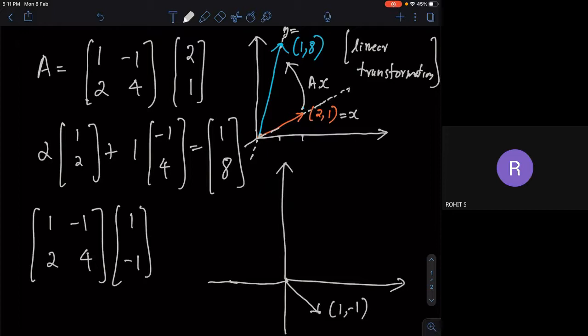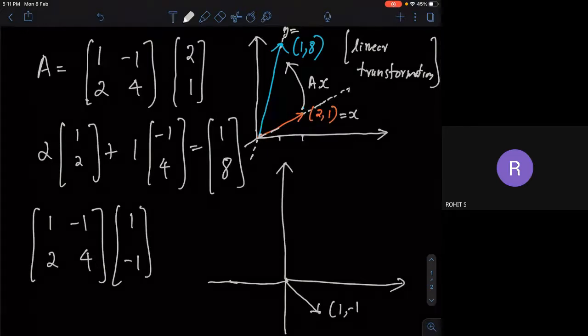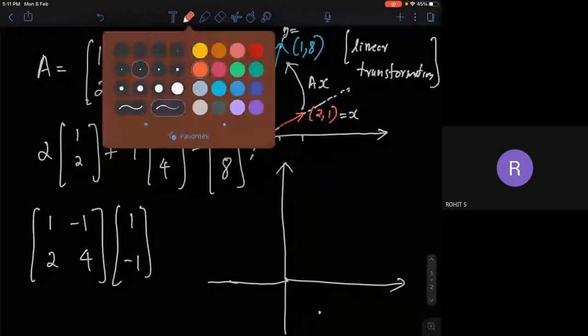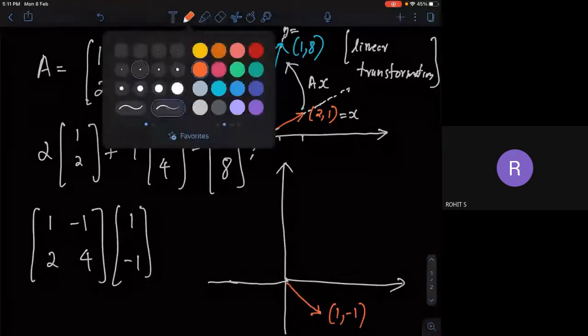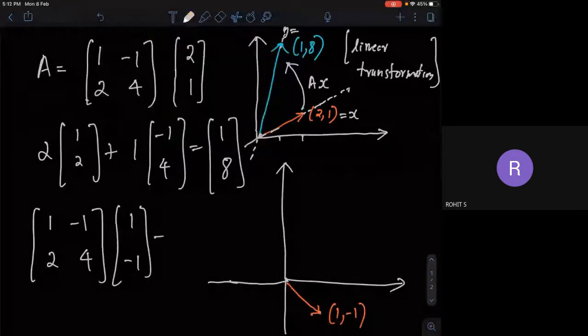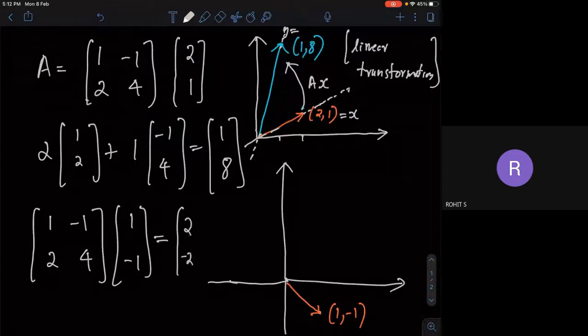And I'm going to multiply this vector with A. What do you get? 2, minus 2, right?